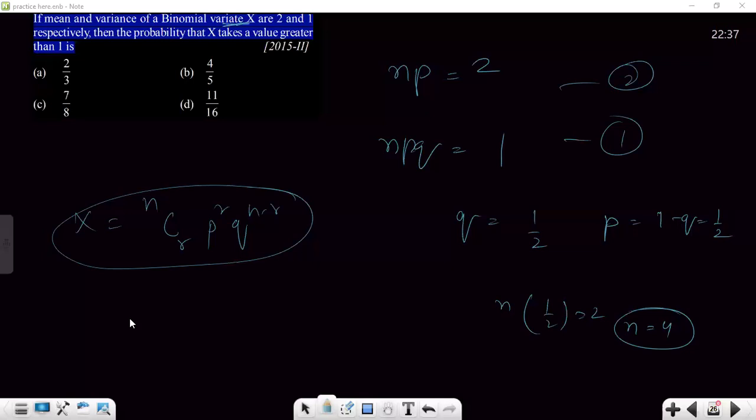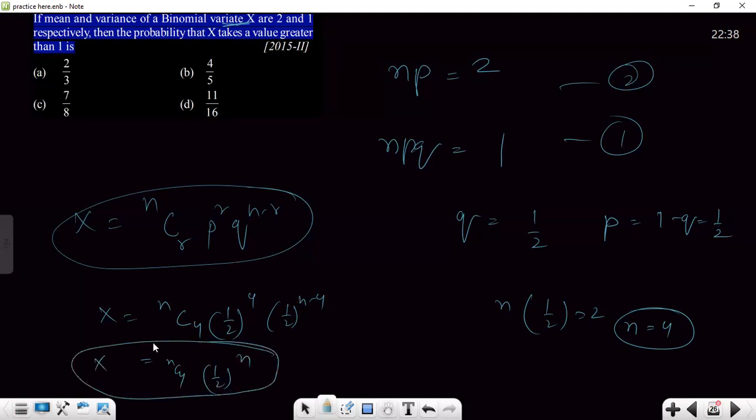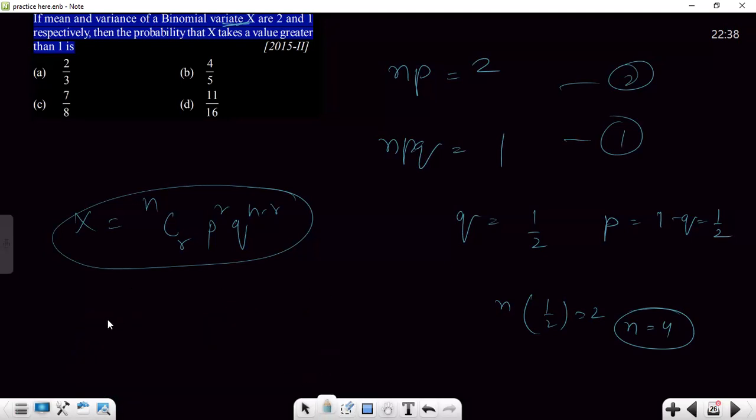So X is nC4, p is half raised to power r, and q is half raised to power n minus 4... sorry, one mistake I have done. n is equal to 4, r is unknown to us.